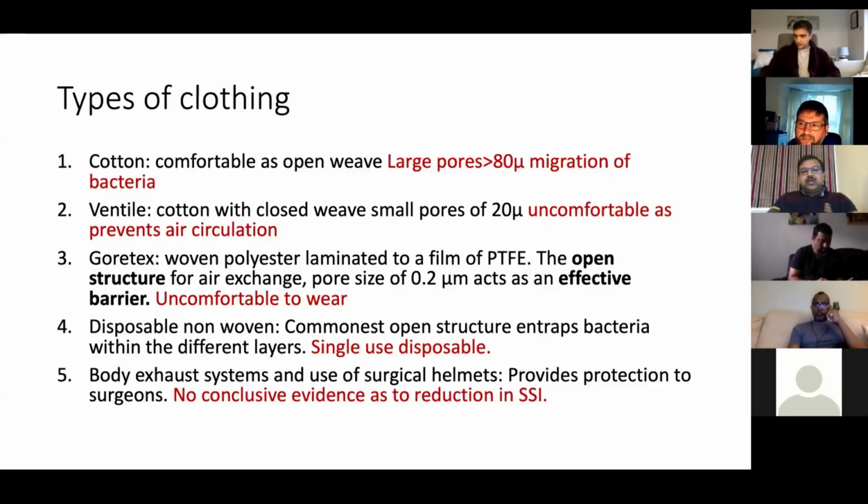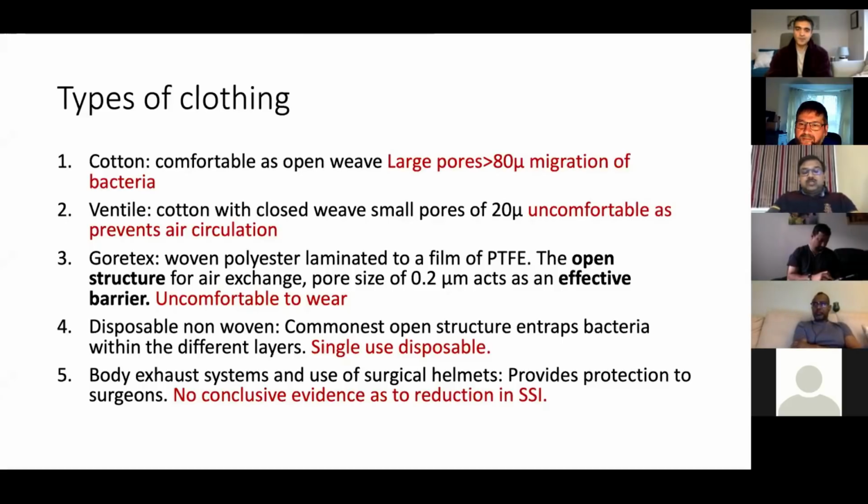It essentially entraps the bacteria or the particles carrying bacteria, has some protection against moist breakthrough, and also allows air and water vapor circulation because of being an open structure. The only downside is these are single-use disposable gowns. But then again, it may be an advantage also because if it is a single-use garment, it cannot cause cross-infection.